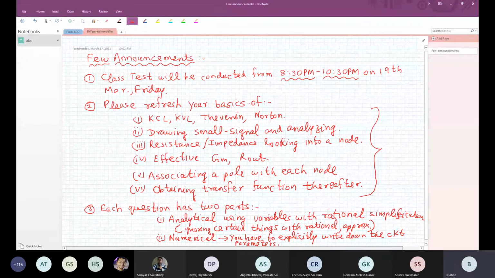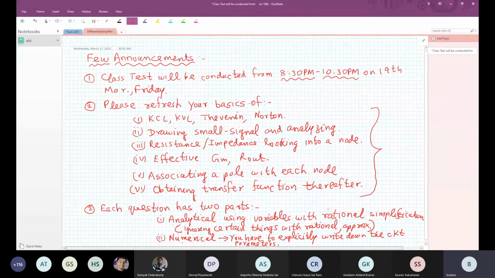If your analytical is messed up and you are getting the correct answer in numericals, your answer script gets cancelled. You will be branded as copying. Your numerical results, the formula that you use in the numerical, should follow from the analytical. If there is any discrepancy in these two, we will be paying very close attention to these things.